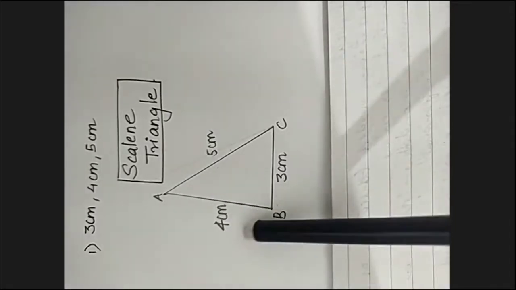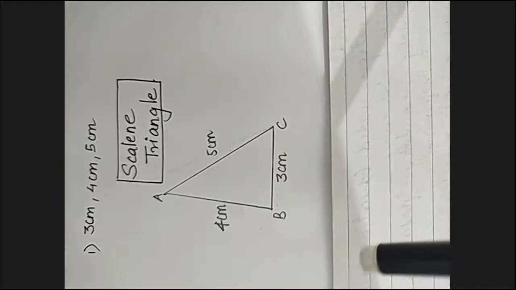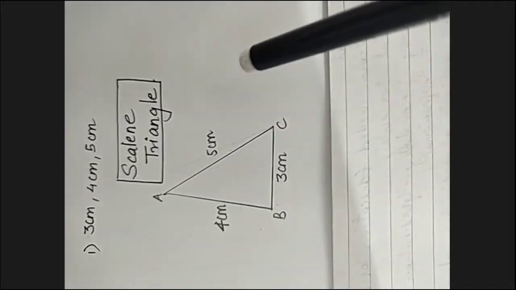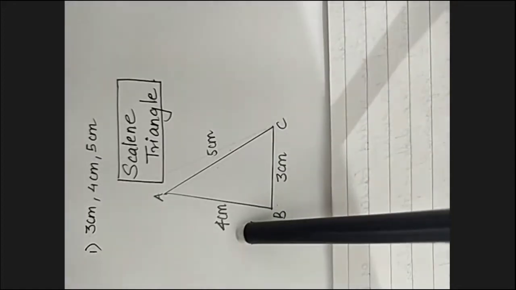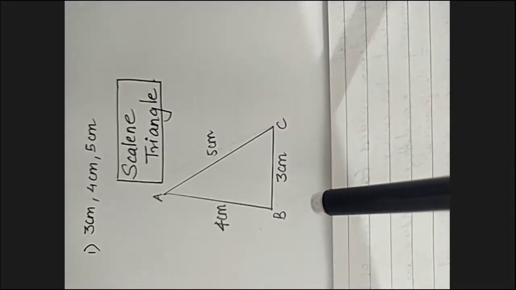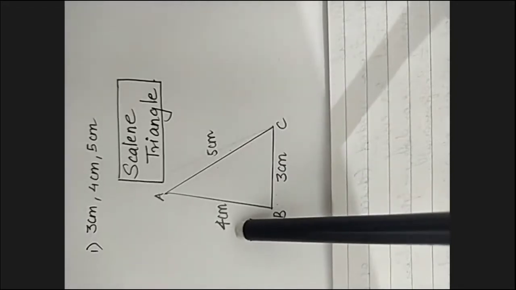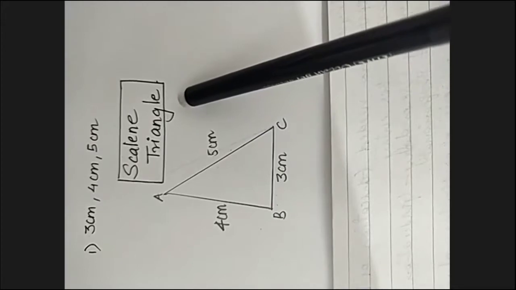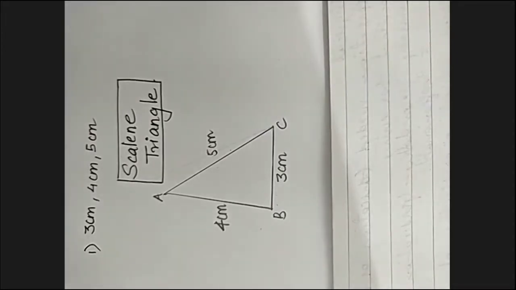Now, looking at the measures only, we can say that this triangle is a scalene triangle because none of the sides have the same measure. So here it is 4 centimeter, 3 centimeter and 5 centimeter. So this is called a scalene triangle.